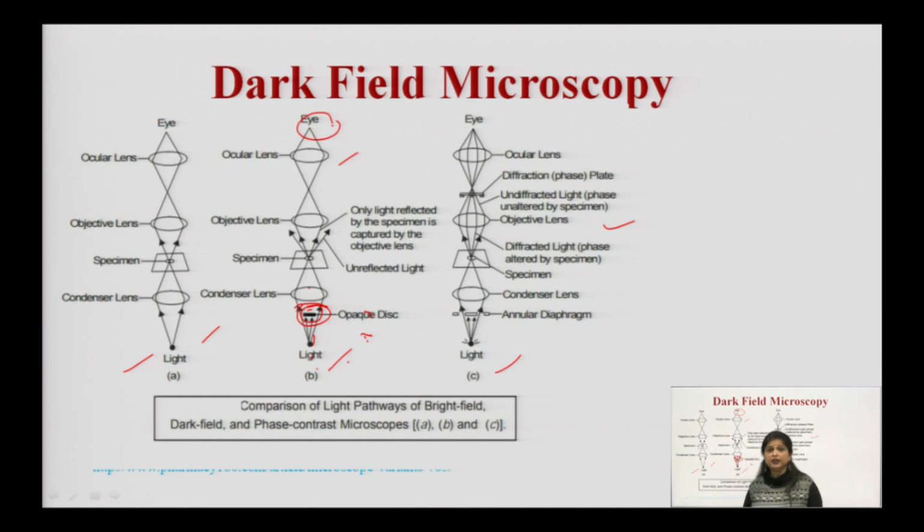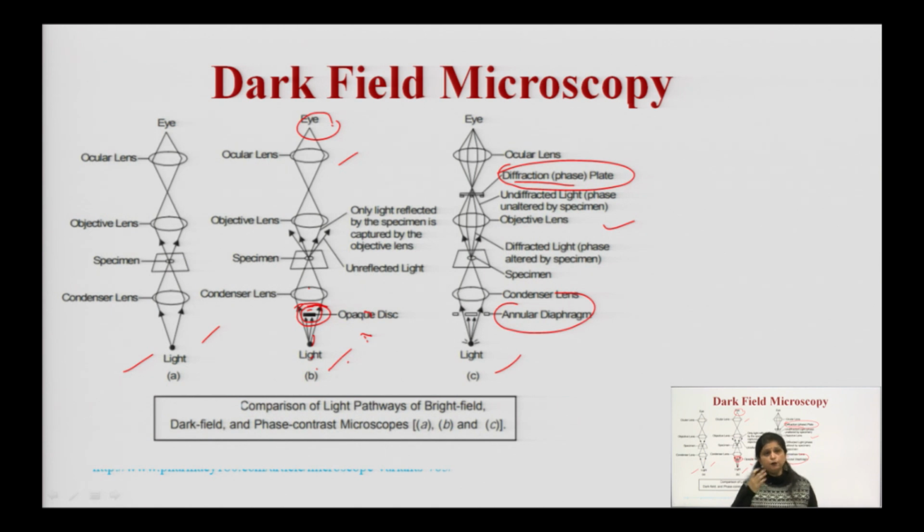But what happened in phase contrast microscopy? They attached two extra discs. One is an annular diaphragm, and the second is a phase contrast diffraction phase plate. These two extra additions were done so that the resolving power of the bright field increases. From bright field, scientists moved towards dark field, and from dark field they moved towards phase contrast microscopy, just to enhance resolving power and structural image, so that we can see the organelles too.